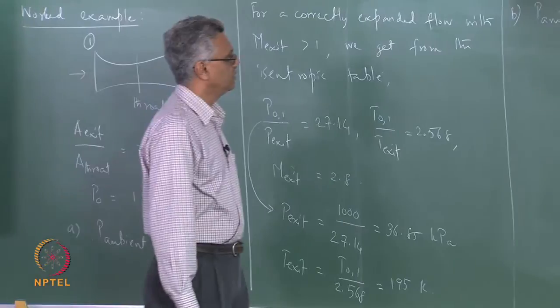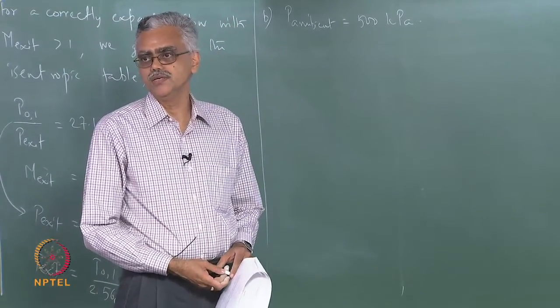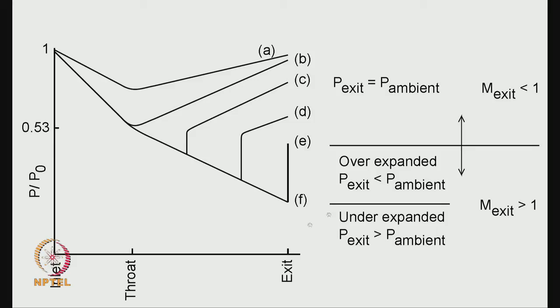But what we do not know is whether there is a normal shock in the divergent portion of the nozzle or not. If you revert back to this figure, you can see that the design pressure P design, as we just calculated, is 36.85 kilopascal.